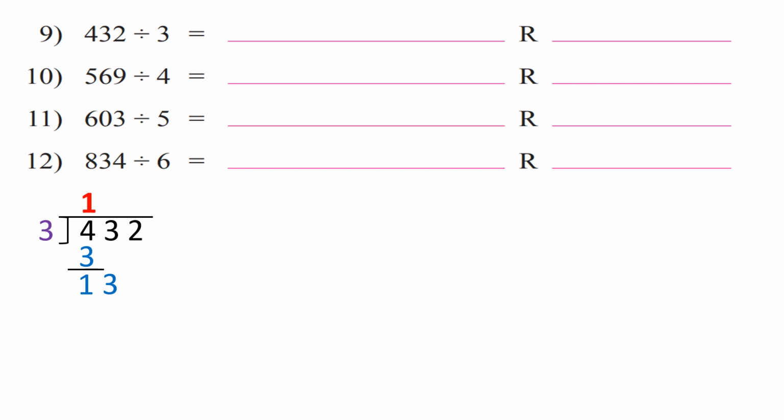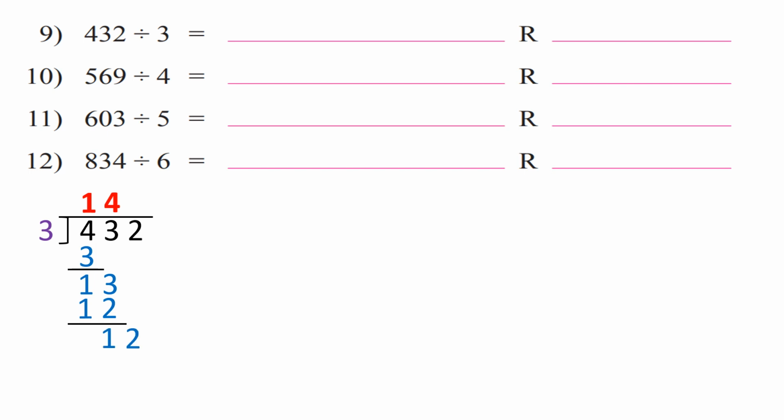You have 13. 13 divided by 3 is 4. 3 times 4 is 12. 13 minus 12 is 1.